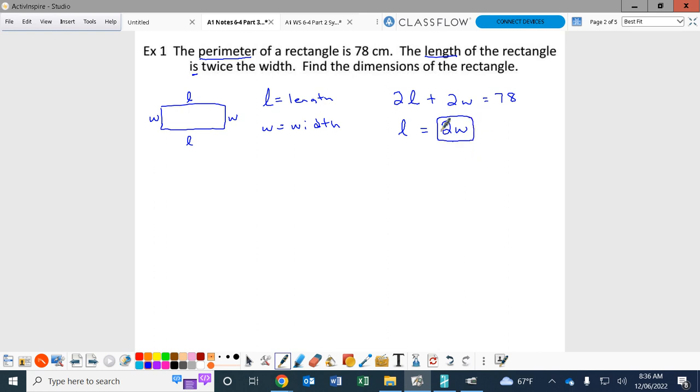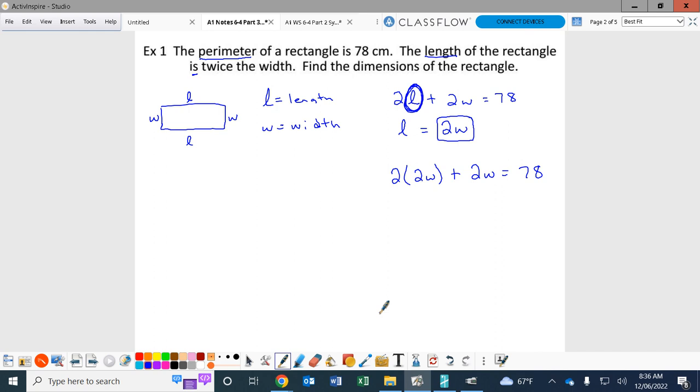You're going to plug it in where the L is in this problem. So it's going to be 2 times 2W, lots of 2's in this problem, be careful, don't get messed up, plus 2W equals 78. Does anybody have a question about why I plugged it in where it is, how I plugged it in, anything about plugging in?